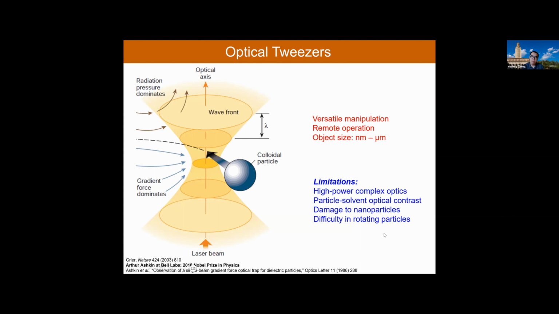Also, many applications or demonstrations have been limited to translational motion, even though there is a lot of beautiful work on rotation too, but it typically requires very complicated engineering of the laser beam. This limitation motivated us to think about a new approach to hopefully overcome some of those limitations and broaden the applications.